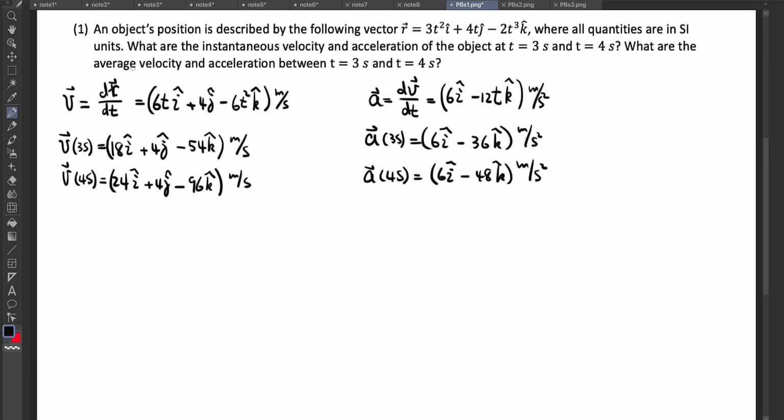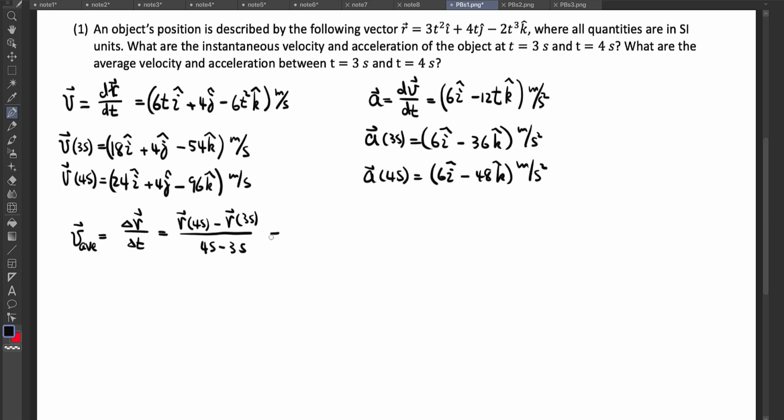So let's look at the average velocity and acceleration between 3 seconds and 4 seconds. Let's recall the definition for average velocity. It's given by delta r over delta t, and delta r refers to r at 4 seconds subtract r at 3 seconds, divided by the time difference, which is 4 seconds minus 3 seconds.